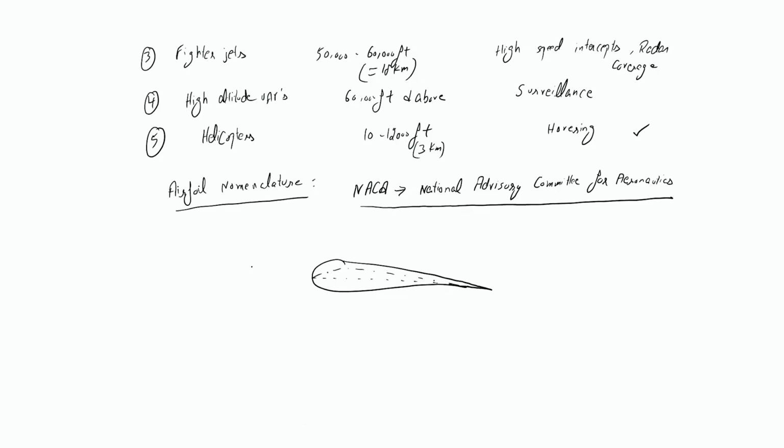So this front portion is generally called the leading edge. The end portion is called the trailing edge. This is nothing but the chord, denoted by C. This shape that you are seeing over here is called the mean camber line.